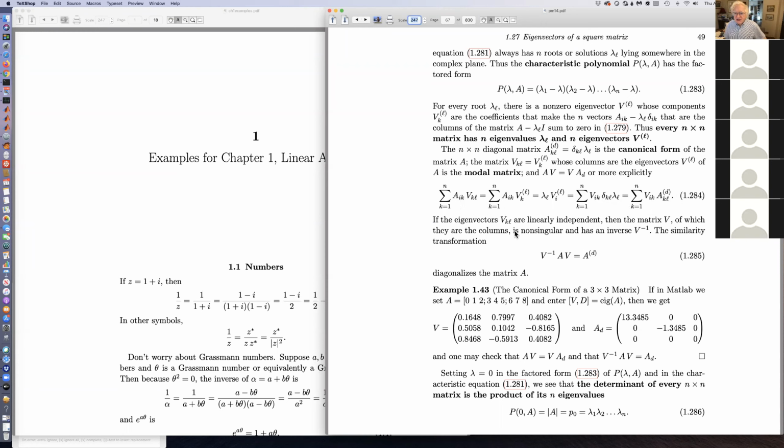If the eigenvectors are linearly independent, then the matrix V is non-singular, and then it has an inverse, and then we can multiply this equation from the left by the inverse, and we get that V inverse AV is the diagonal form of the matrix A. And so that's the statement that if you have a square matrix and the eigenvectors are linearly independent, then you can diagonalize it.